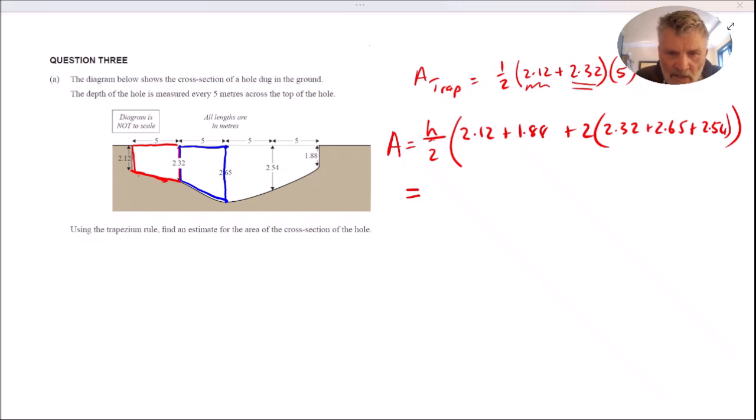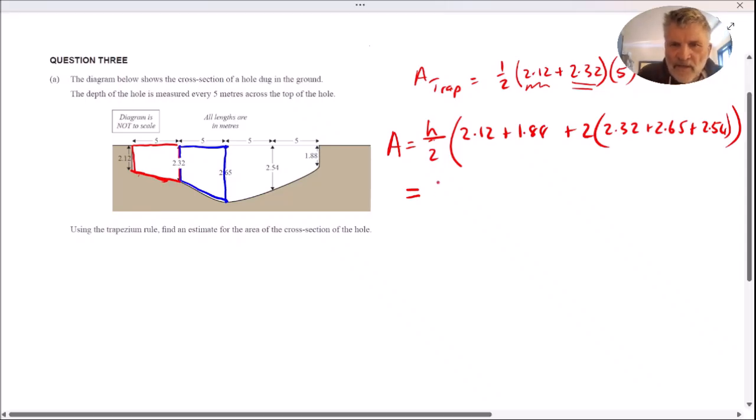I'm not sure that I've added this up, but I can have a look and see. Oh yeah, I got 47.55. Our h is 5.